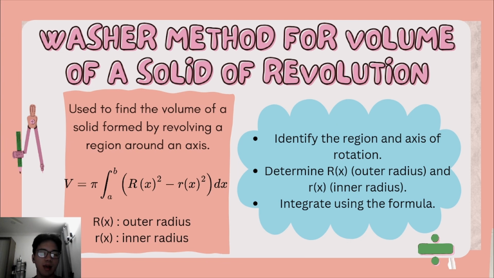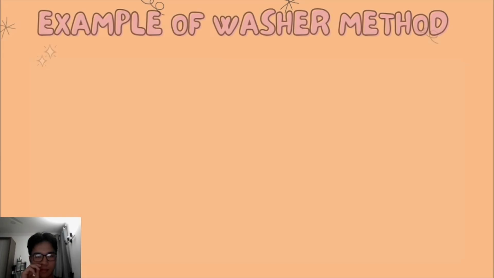Big R of x is the outer radius, and small r of x is the inner radius. So the steps are: identify the region and axis of rotation, determine R of x, the outer radius, and small r of x, the inner radius, and the last is to integrate using the formula.